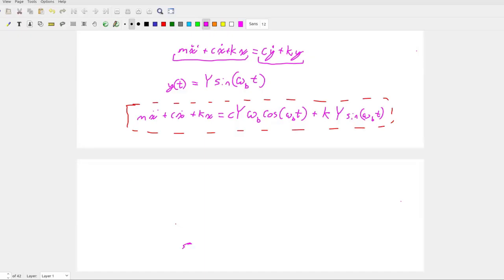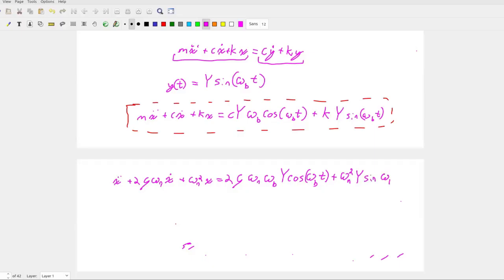We can get x double dot plus 2 zeta omega n x dot plus omega n squared x equals 2 zeta omega n omega b capital Y cosine of omega b t plus omega n squared capital Y sine of omega b t.